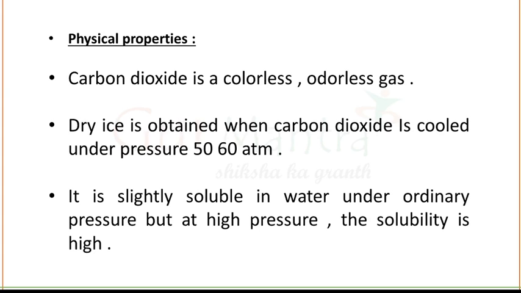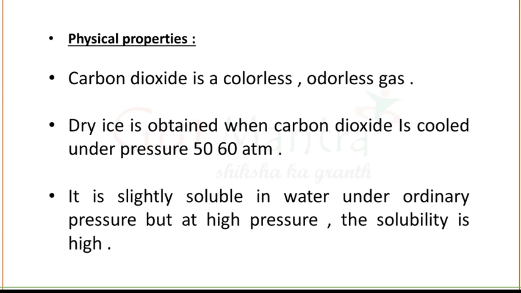Carbon dioxide is a chemical compound composed of 1 carbon and 2 oxygen atoms. It is often referred to by the formula CO2. It is present in the Earth's atmosphere at a low concentration and acts as a greenhouse gas. This carbon dioxide is a colorless and odorless gas.